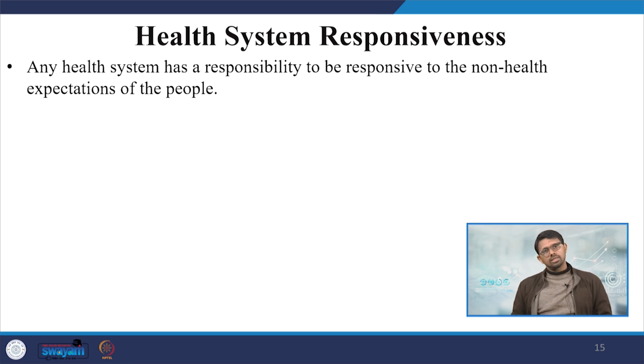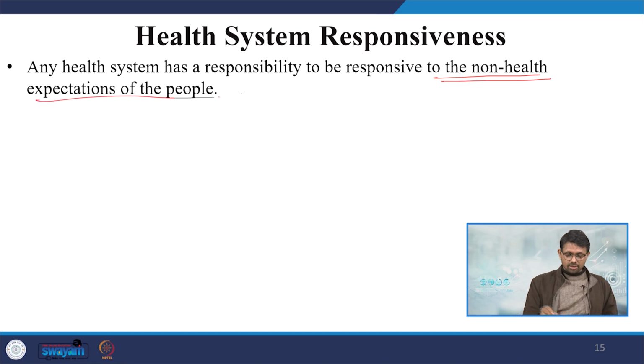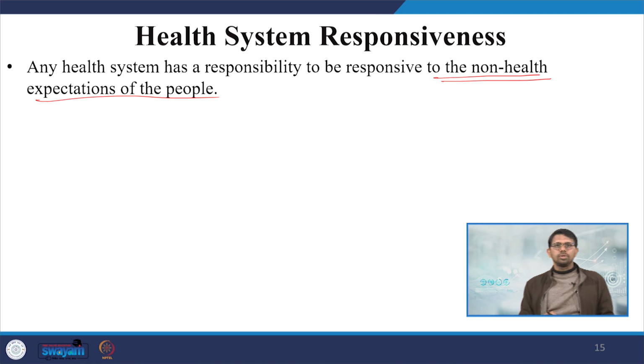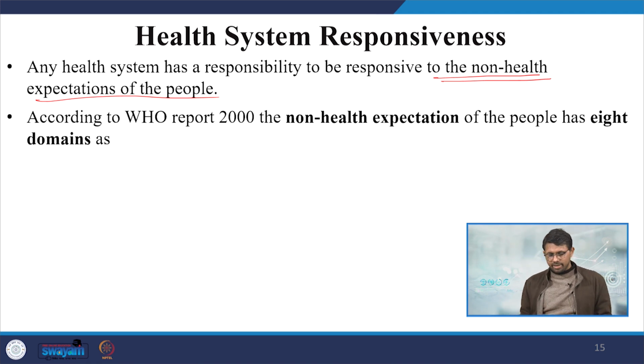It explains a health system which has a certain level of responsibility to the non-health expectations of the people. It is to be emphasized that health system responsiveness accounts for non-health expectations of the people. It is not directly about the treatment; it has to address the non-health expectations.